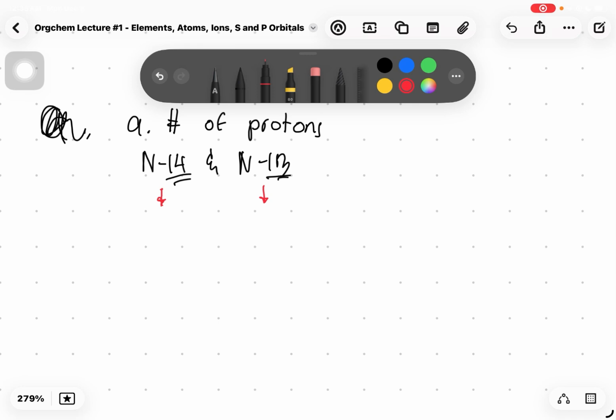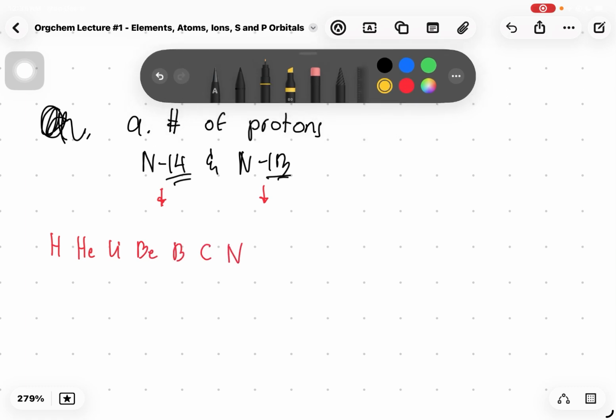Basically, we can just refer to a periodic table. So nitrogen would be what element on the periodic table? Or rather, what's its atomic number? So we have hydrogen, helium, lithium, beryllium, boron, carbon, nitrogen.